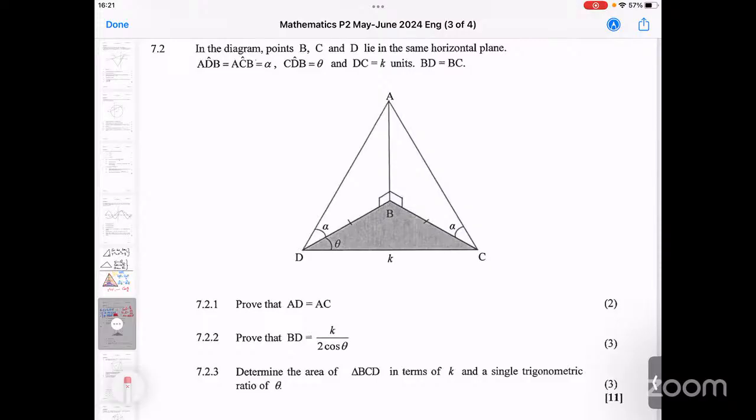Okay, so now they want you to prove that BD is equal to K over 2 cos theta. Okay, there is a question, Didintle.